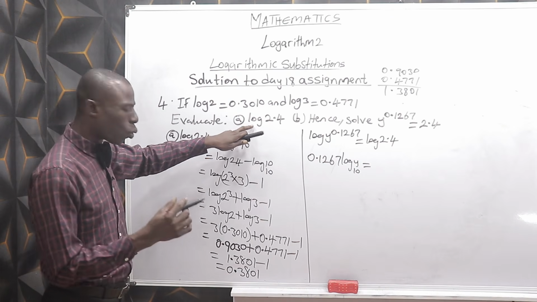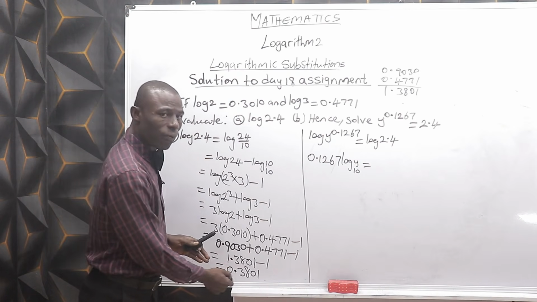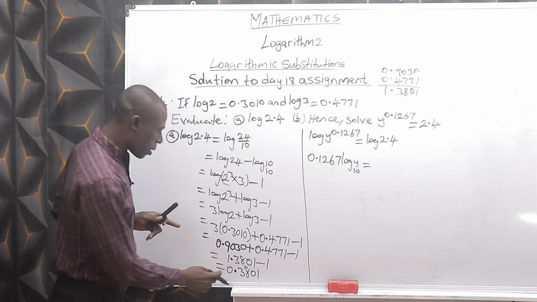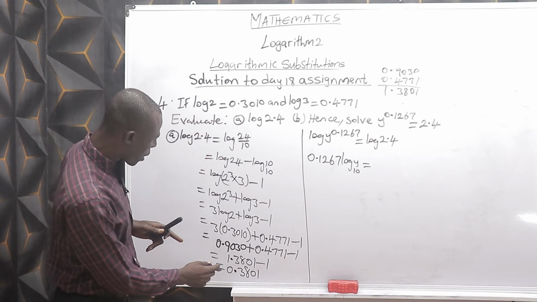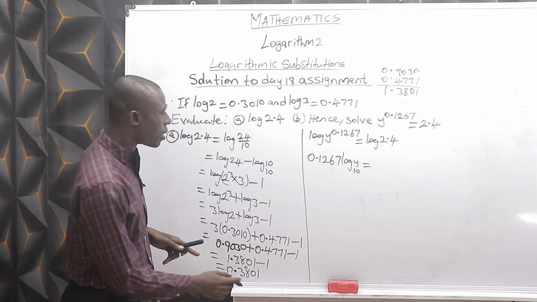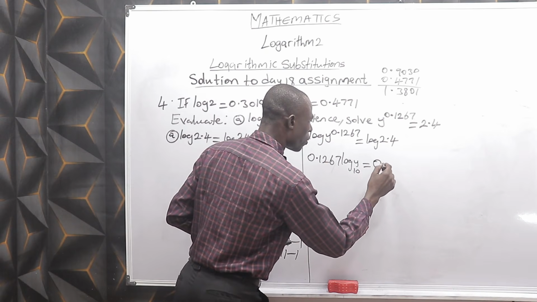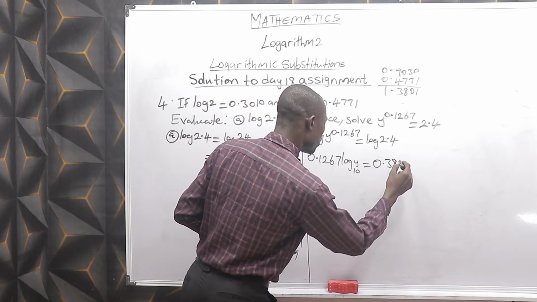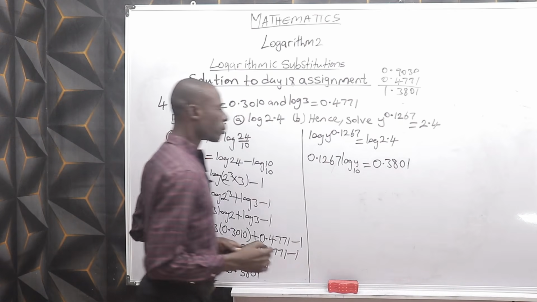So you are expected to go and import your final answer for question A and use it there. Is that okay? And what's the final answer for question A? Log 2.4 is 0.3801.